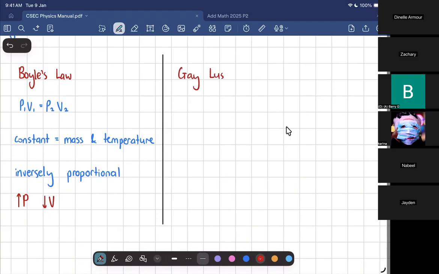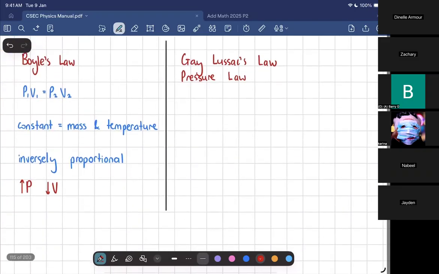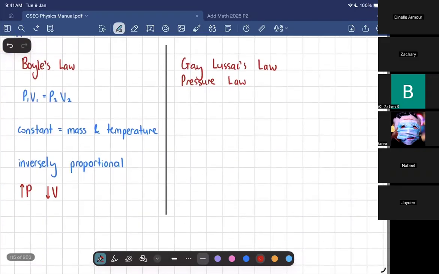I hope I spelled the man's name correctly. Right. So Nabil, what is Gay-Lussac's law, also known as the pressure law? It's like when the temperature increases, the pressure will increase also. Right. So in that case, it will be directly proportional.